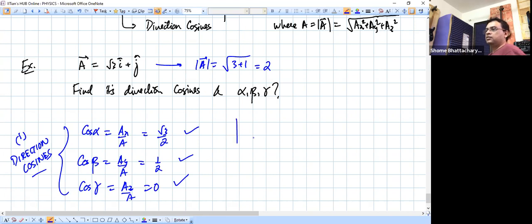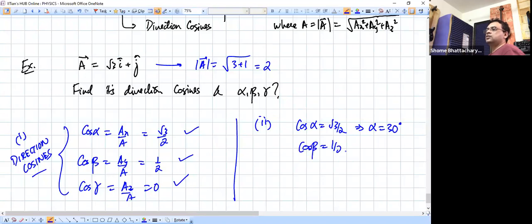Now next part, we want to find out alpha, beta and gamma. Cos alpha is root 3 by 2, that means alpha is cos inverse of root 3 by 2, or 30 degrees. Cos beta is half, so beta is cos inverse half, which is 60 degrees. And cos gamma is 0, that means gamma is 90 degrees.